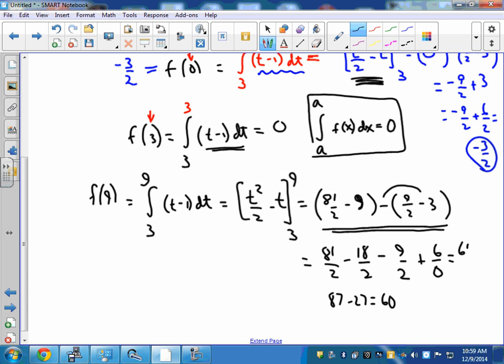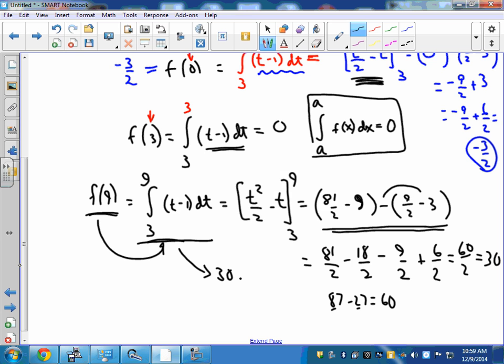So 60/2, what did I write? 6/0, 6/2, obviously. So we get, again, 81 and 6 is 87, 18 and 9 is 27, 87 less 27 is 60/2, which is 30. Okay, so this number here, which is this integral, is the number 30.